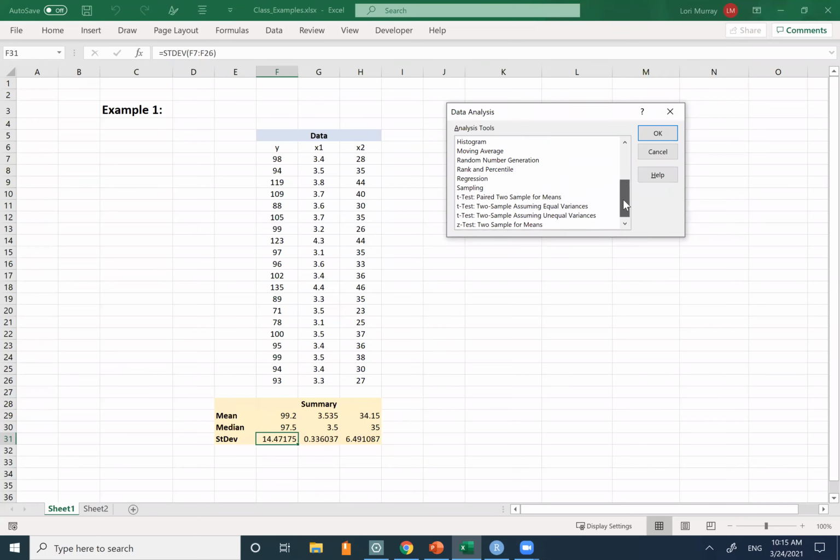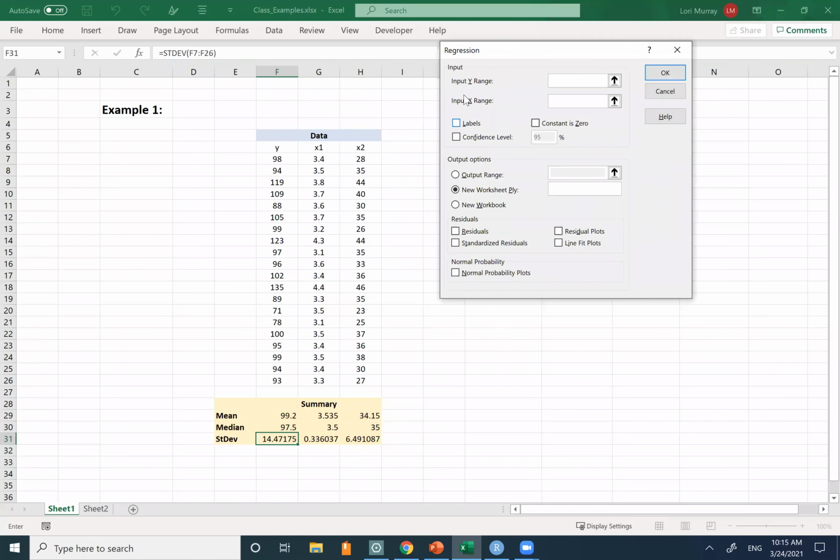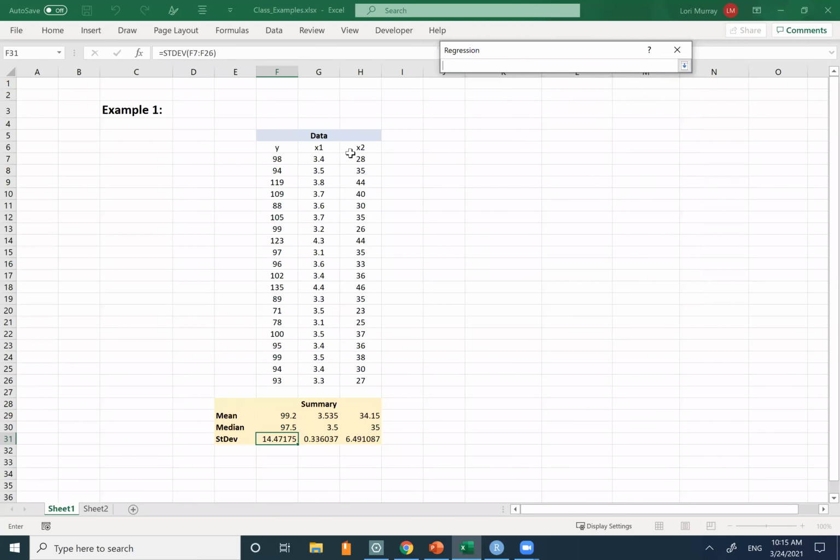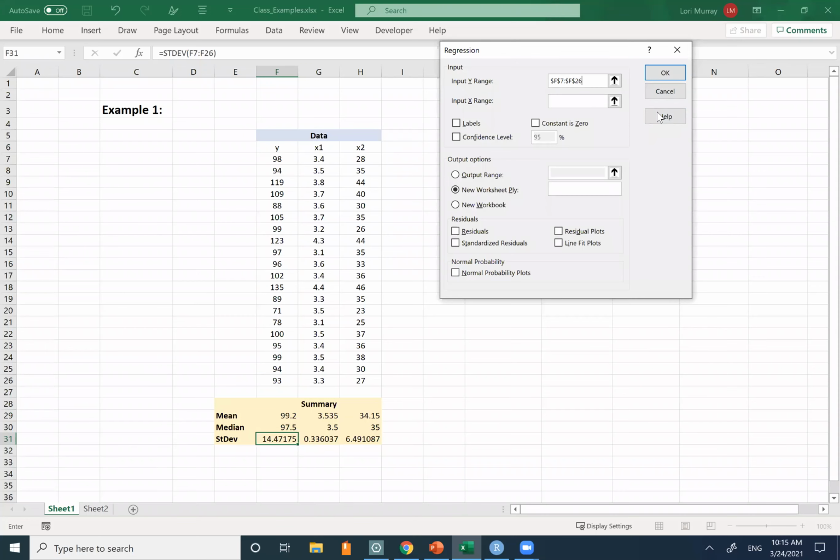And there are all the t-tests. What we're interested in is regression. So we want to run a multiple regression with these two variables. So I'm going to hit OK. It says input the y range. So that's the dependent variable. So I will input that. You just literally highlight the y range, that array, and then input the x range.